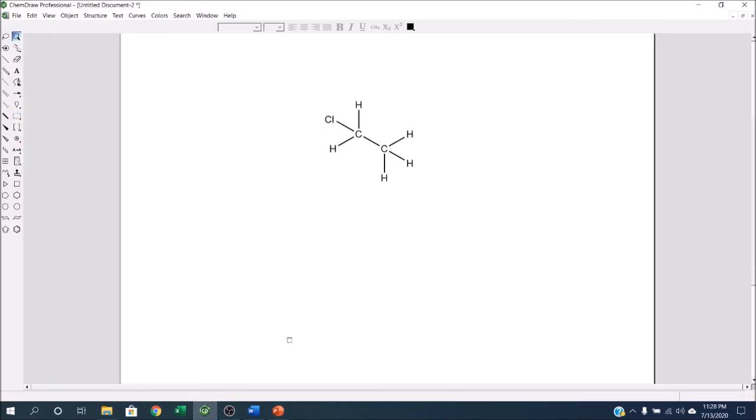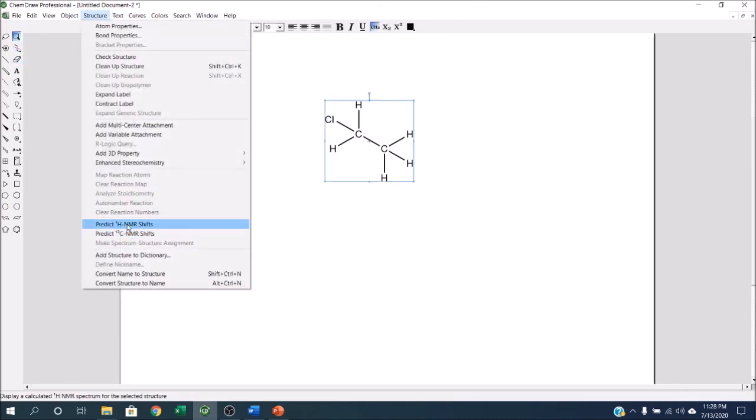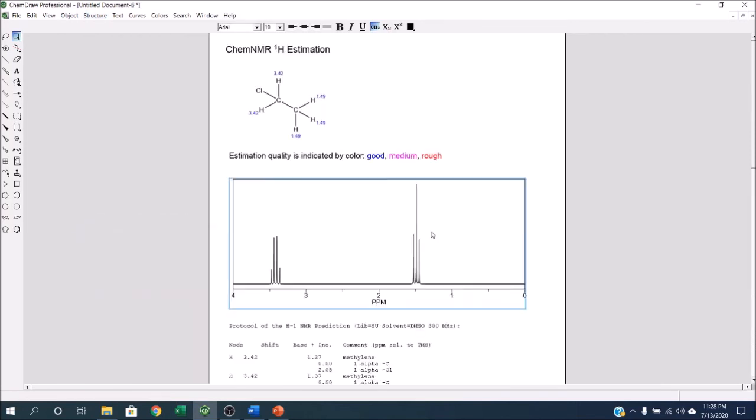ChemDraw has a feature that will allow you to predict what the proton NMR and C13 NMR that we'll get into later look like for any given compound. So you just highlight the compound, go to structure, and predict what the proton NMR spectrum will look like, and it gives you the numerical values.